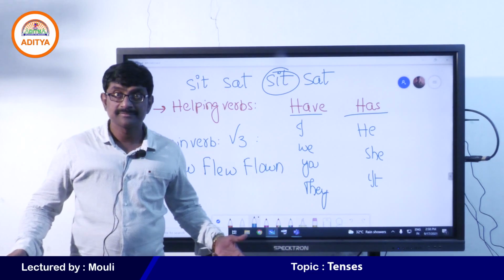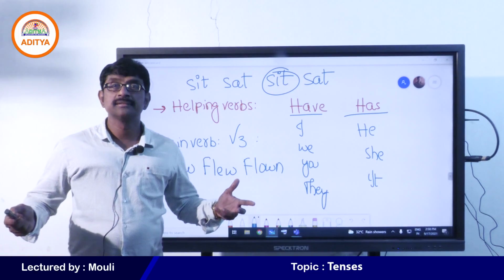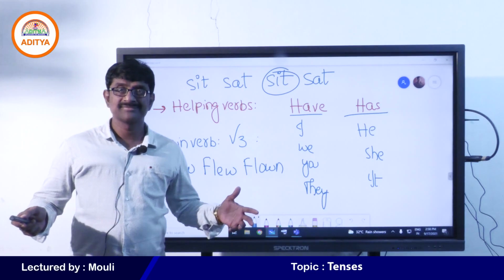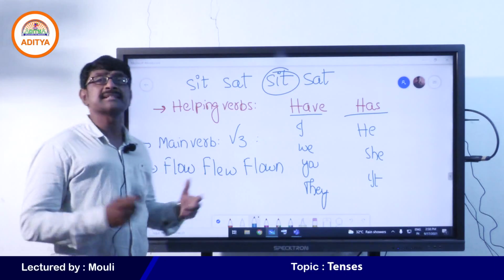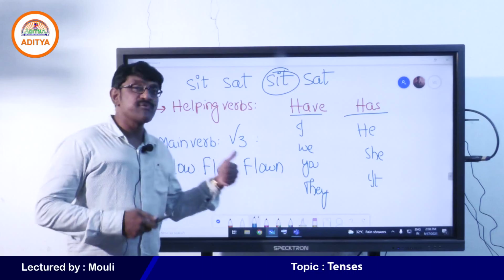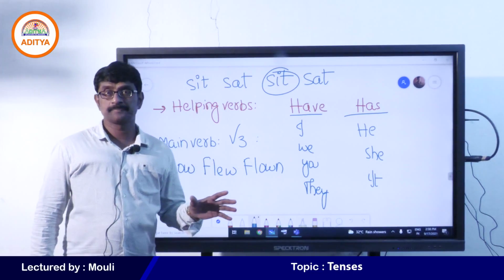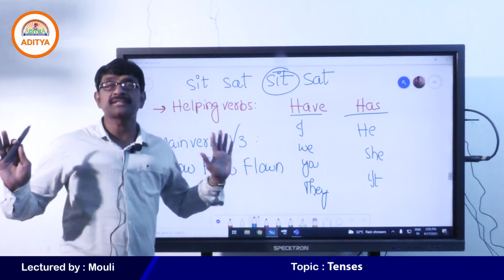Excellent. It's marvelous, fantastic, wonderful, fabulous, supercalifragilisticexpialidocious. All these are excellent words, and this is the way we write. Flow, flew, flown. It's making a magical humor here, and it is not correct.